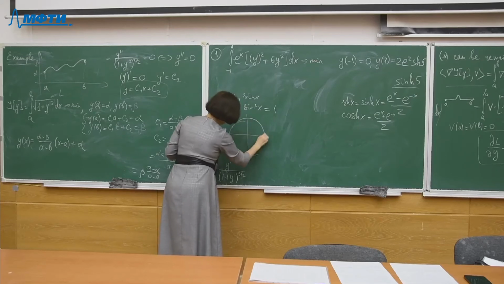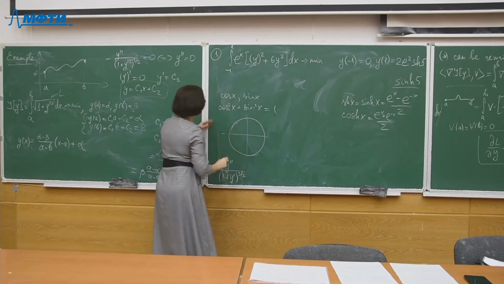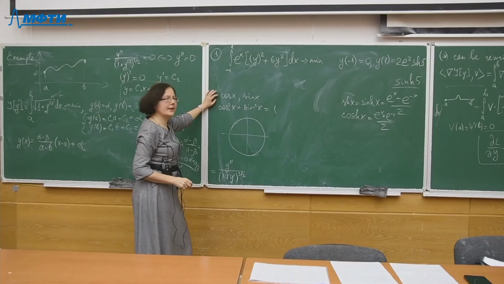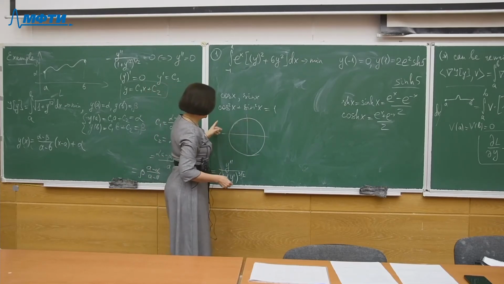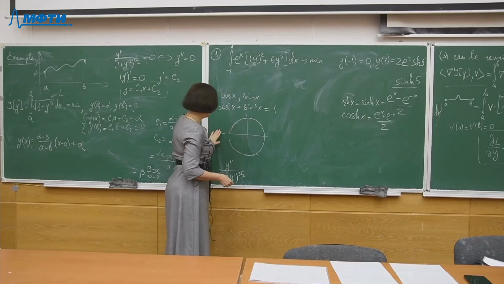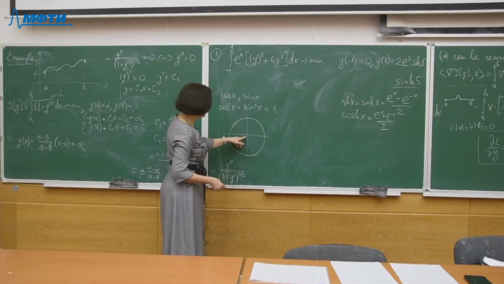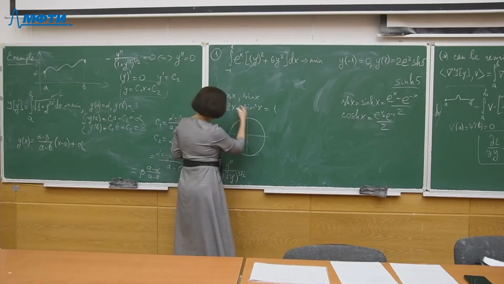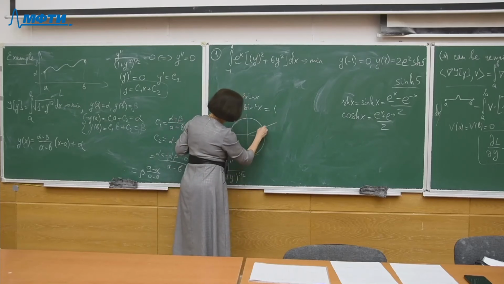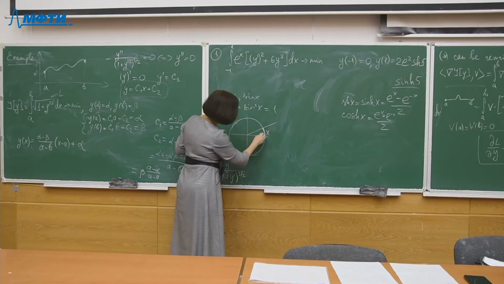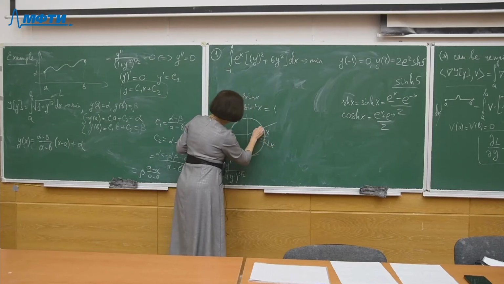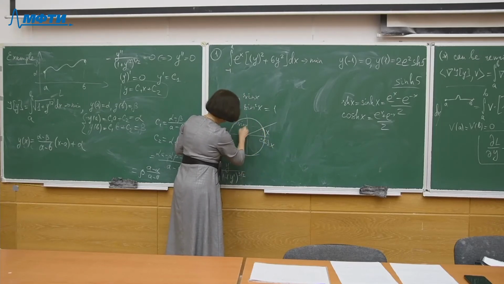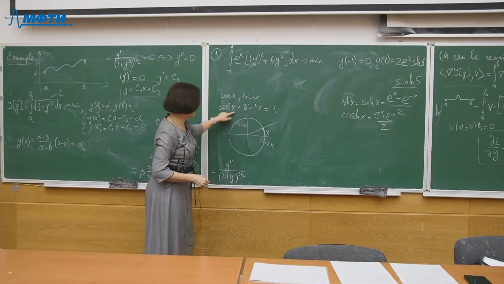We can visualize these two functions, sin x and cos x, as follows. We draw the unit circle centered at the origin. For a given argument x, if the arc is x, then the first coordinate will be cos x and the second will be sin x, and they satisfy this property.